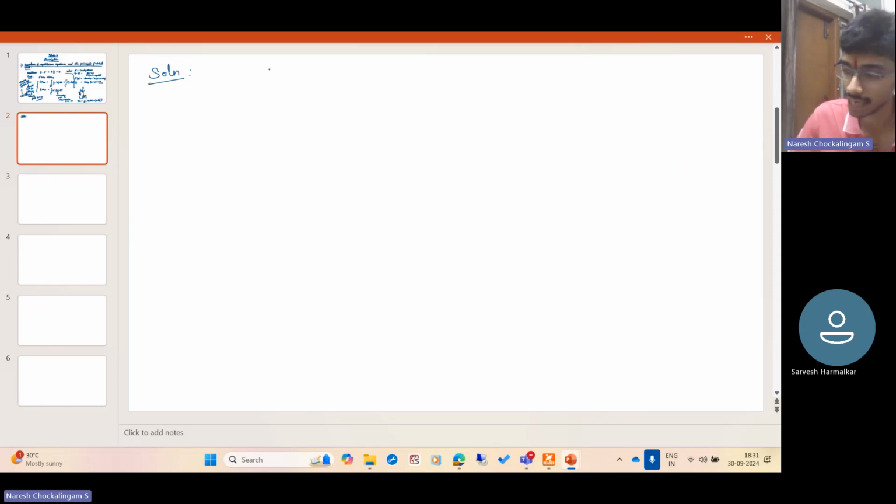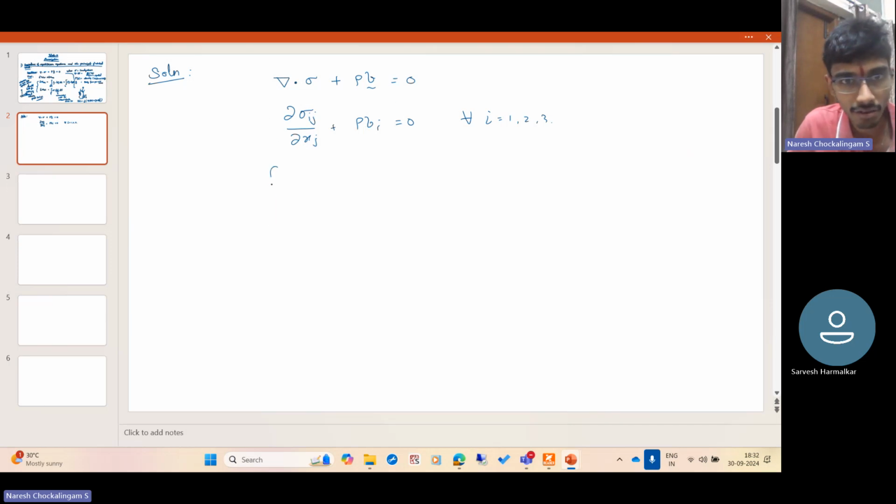It is equivalent, which means we need to show the proof in both directions. So first you say divergence of sigma plus rho b is equal to 0. In index notation, you can write it as del sigma ij by del xj plus rho bi is equal to 0 for every i, 1, 2, 3.